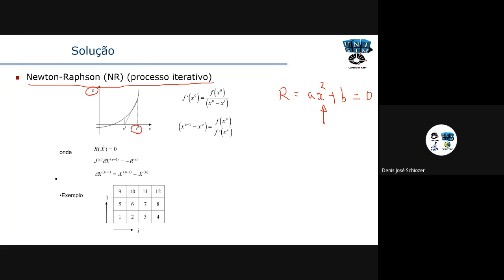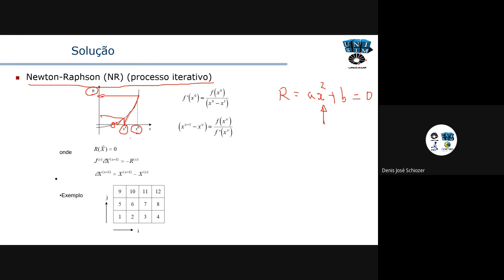Then I calculate the residual here. The residual is not 0, so I calculate the derivative here. This derivative will give the second value of x. Then I calculate the residual again, then the derivative, and so on, until I reach a point that's close to 0. So instead of solving this analytically, I solve it numerically using this equation.